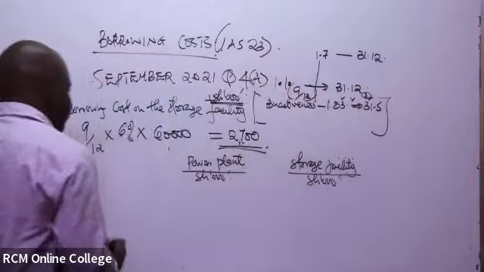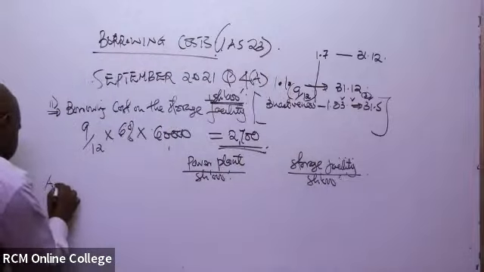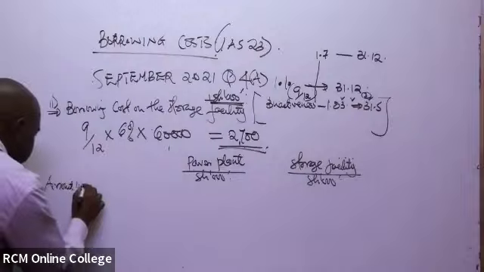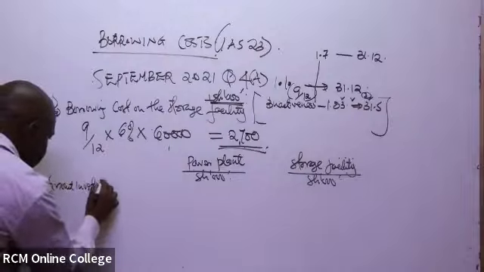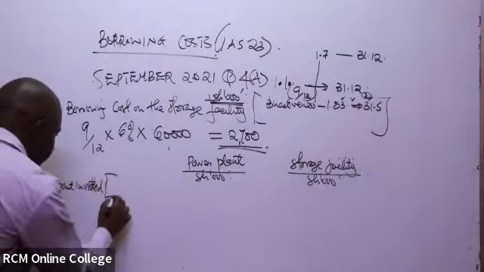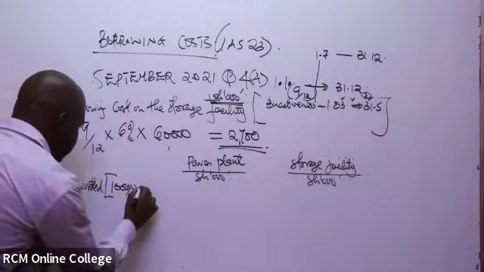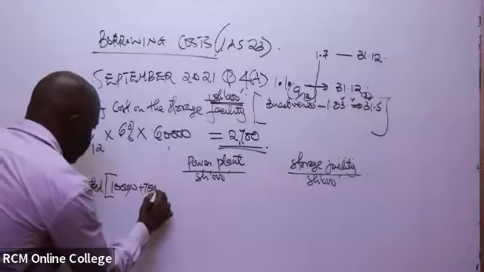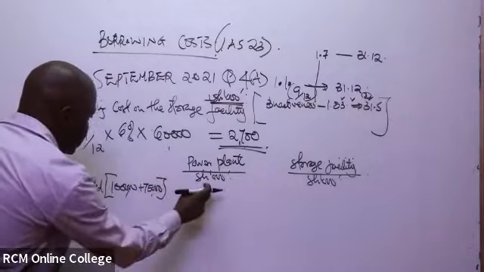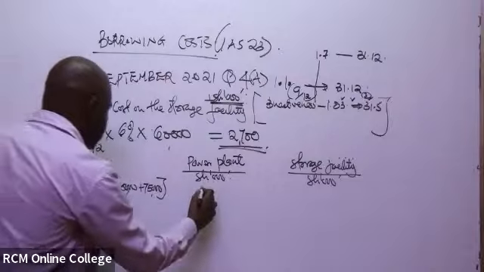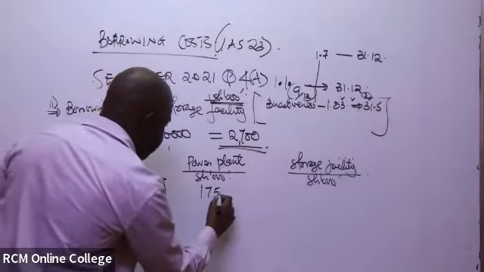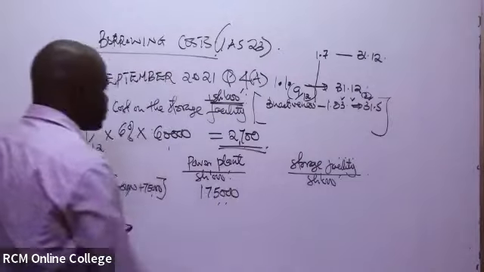The amount they borrowed to invest here, there were two. So we had 100 million plus 75,000 for this one. So this one basically came to 175,000. So that's the amount that was invested.